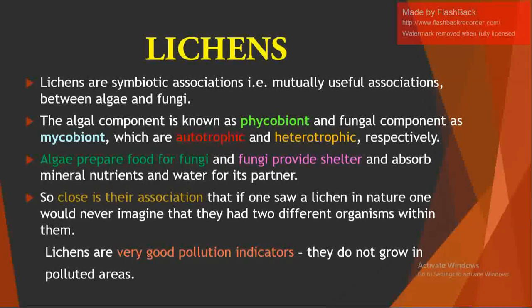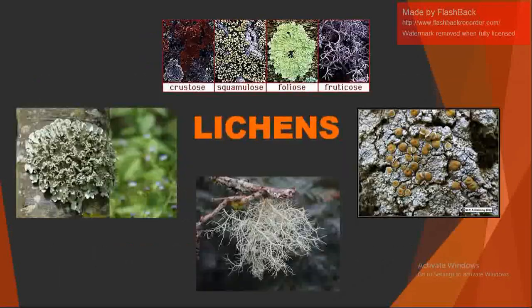Okay. So, we will see some photographs of the lichens. You can see some photographs here, which are of different types. I have collected some four photographs. Some are growing on tree trunks, some are found on the branches, and some are found growing on the crust of the earth. So these are lichens.